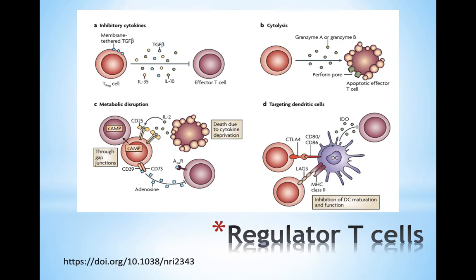So, some of the basic mechanisms that T regulatory cells use: they can secrete inhibitory cytokines so that effector T cells can be deactivated, if their function is not needed anymore.